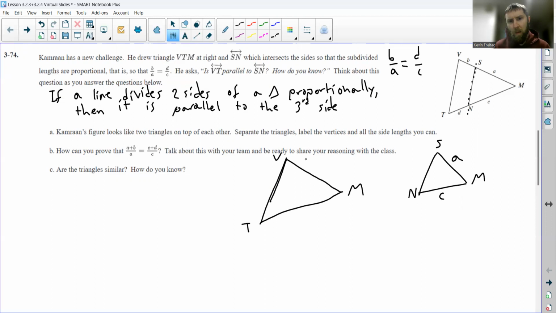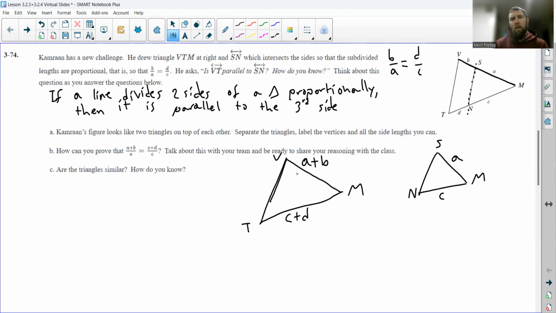Now, the distance from M all the way to V, we need to be a little bit careful. The distance from M all the way to V is, I think, A plus B. And I think the distance all the way from M to T, hopefully you would agree with me, is C plus D, those two lengths put together.